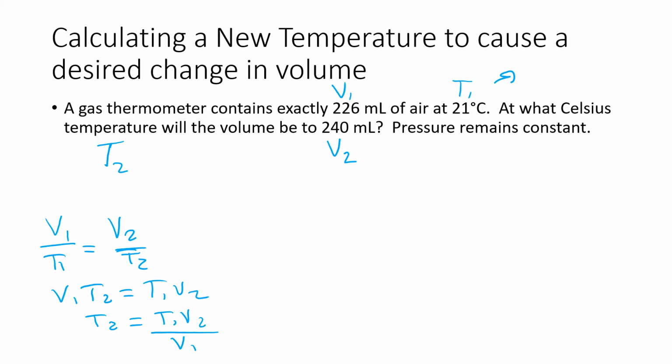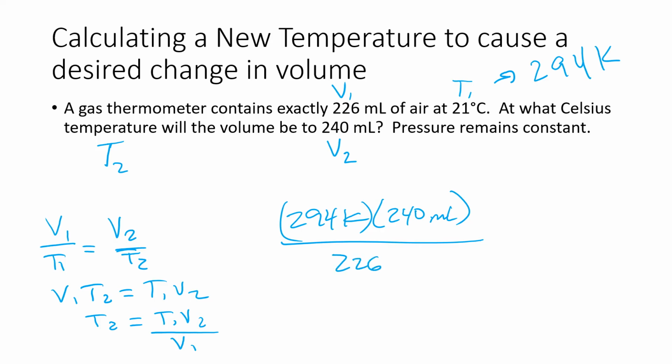So 21 plus 273, that is 294 Kelvin. I'm going to plug in my numbers. 294 K, V2 240 mL, 226 mL. Those units cancel out. 294 times 240 equals 70,560 divided by 226.